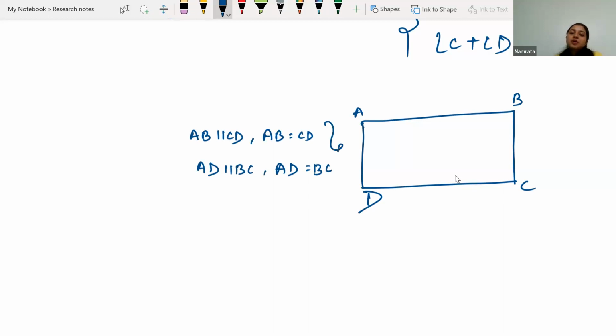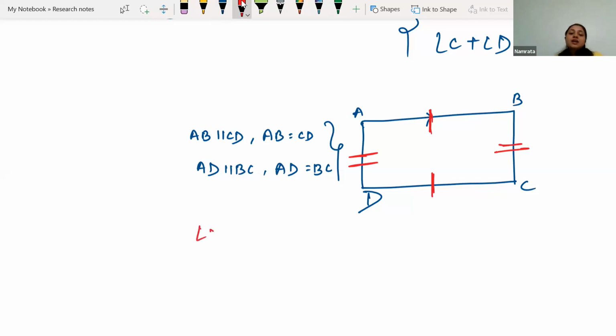We know these are the properties of a rectangle also, that opposite sides are equal. From where did these qualities come? The rectangle got them from the parallelogram only. Whatever the remaining properties of a parallelogram are, each and every property is applicable for this rectangle also.